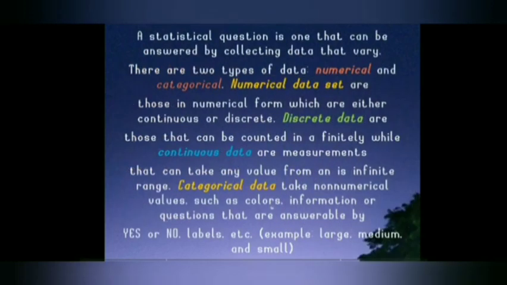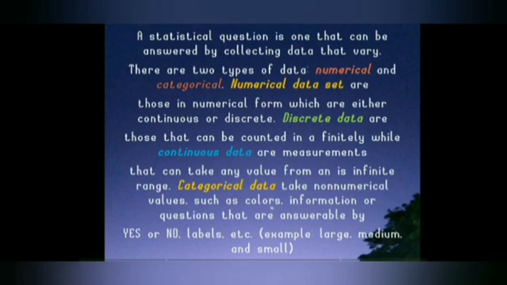A statistical question is one that can be answered by collecting data that vary. There are two types of data, the numerical and categorical. A numerical dataset are those in numerical form which are either continuous or discrete data. Discrete data are those that can be counted, while continuous data are measurements that can take any value from an infinite range.